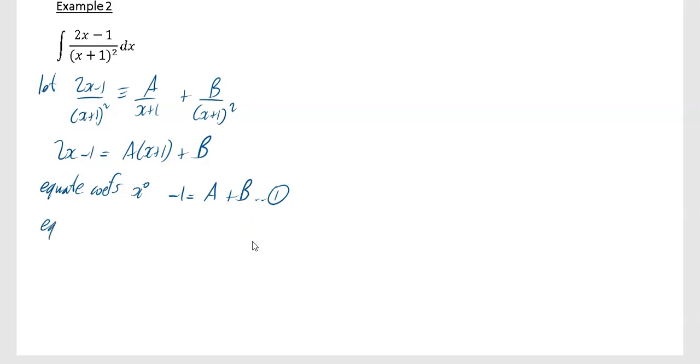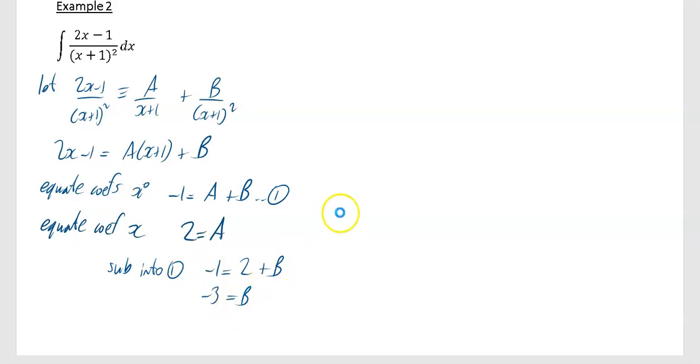But we'll just go on and we'll say equate coefficients, and we'll just go for x. On the left-hand side, you've got 2. On the right-hand side, you've got a times x. So now you've found your a. So just subbing back into, just say sub into equation 1, and that will give you minus 1 is equal to 2 plus b, which means minus 3 is equal to b.